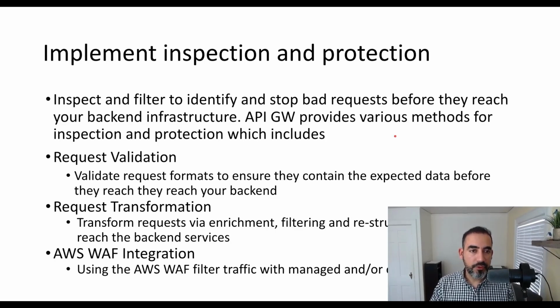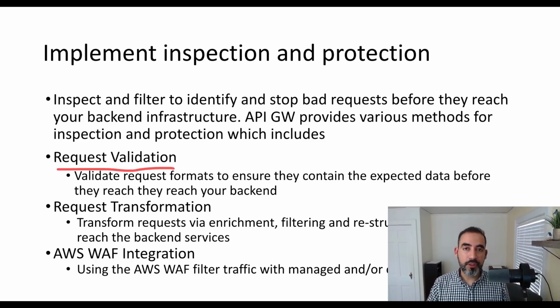With regards to implementing inspection, one implementation of inspection is request validation. This is something, once again, which is provided out of the box by the API gateway. You could enter rules to validate the request. For example, if you expect a certain format of a message, if it needs to comply to a certain schema, you could implement request validation.